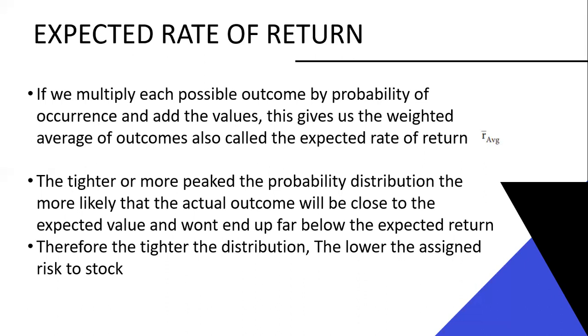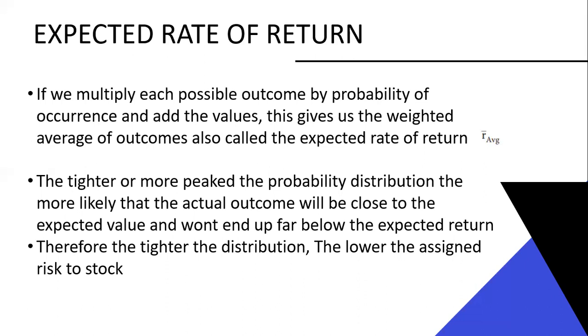One thing, and I've already discussed this in great detail with you in the last class, but I'm going to discuss it again here, is that the tighter or more peaked the probability distribution is, the more likely that the actual outcome will be close to the expected value and won't end up far below the expected return. And I'll explain this to you in just a second.